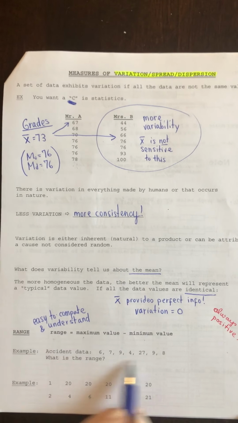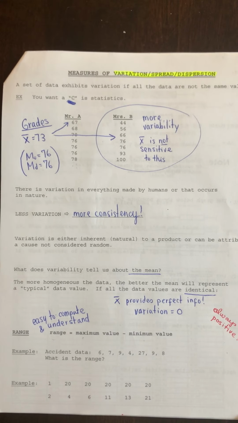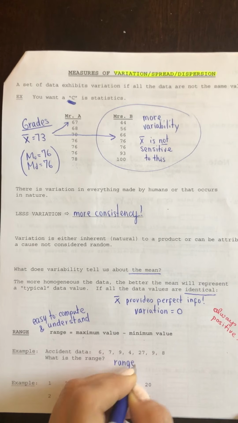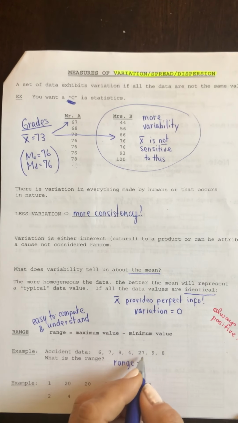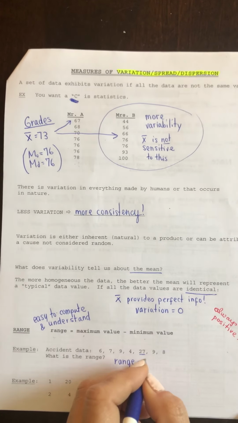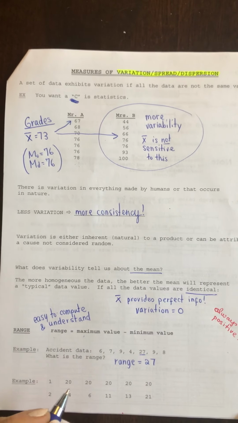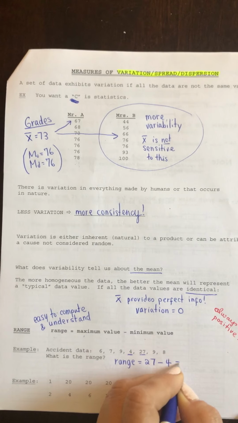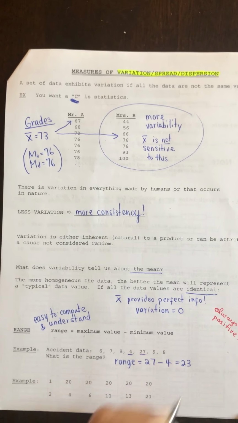Now, what is the range for our accident data that we had been talking about before? Well, the range is going to be the highest value, which you can see is 27, minus the lowest value, which is right there next to it, 4, to get a range of 23.